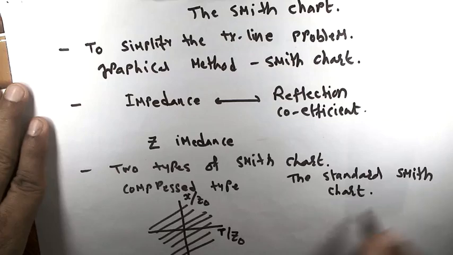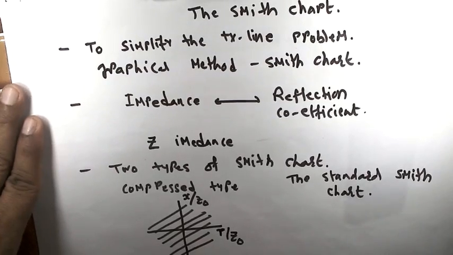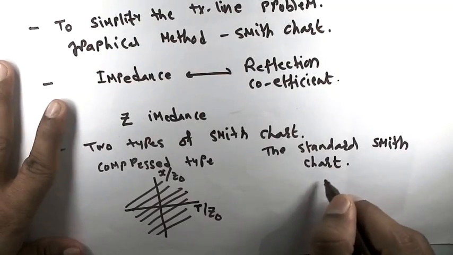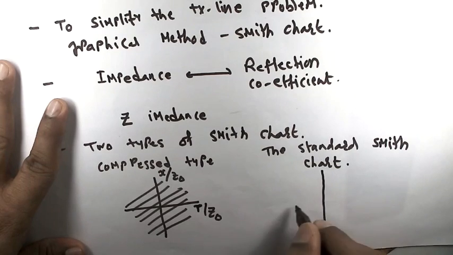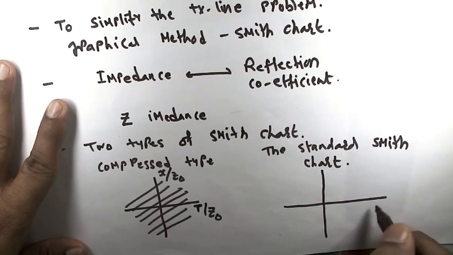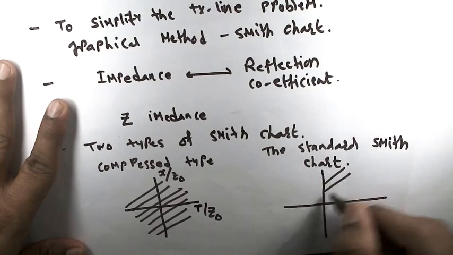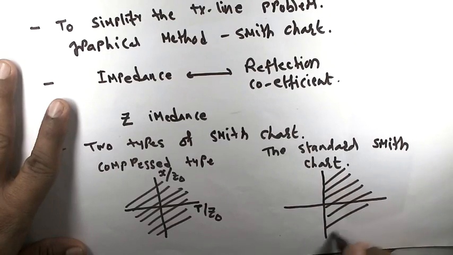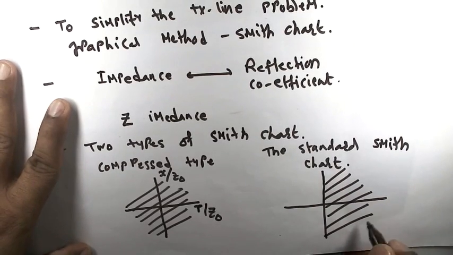Generally we use the standard Smith chart, where only the positive side of the real part of Z is used.